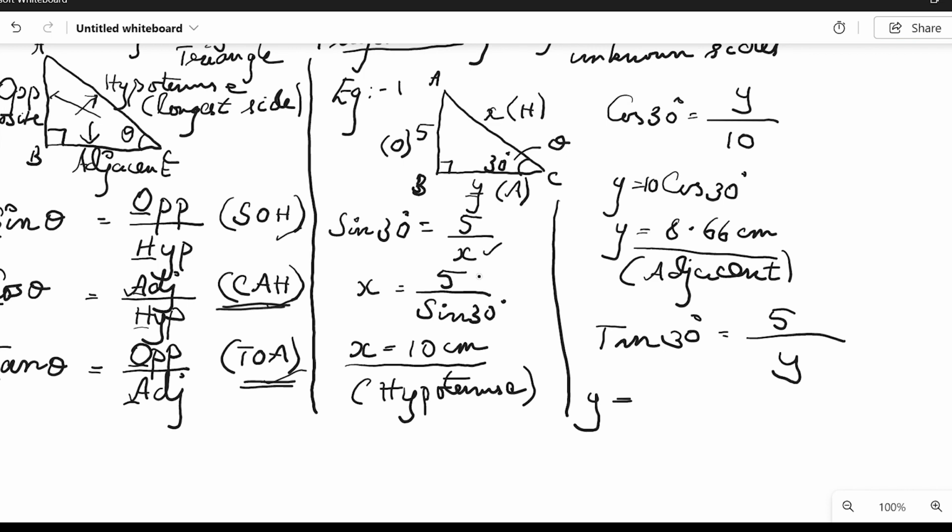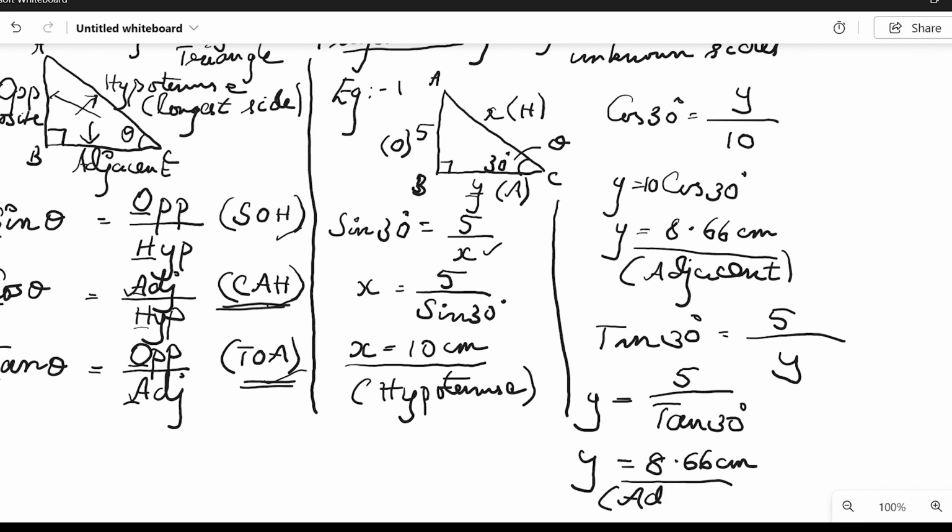So y goes to the place of tan 30 and tan 30 comes to the place of y. So you can do 5 divided by tan 30. Use the calculator again and you will see that you are getting the same value, 8.66 centimeters. So no matter whether we are using cos or tan, you will end up with the same value.